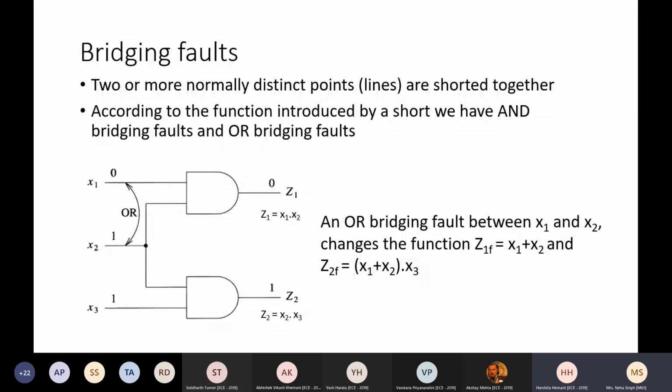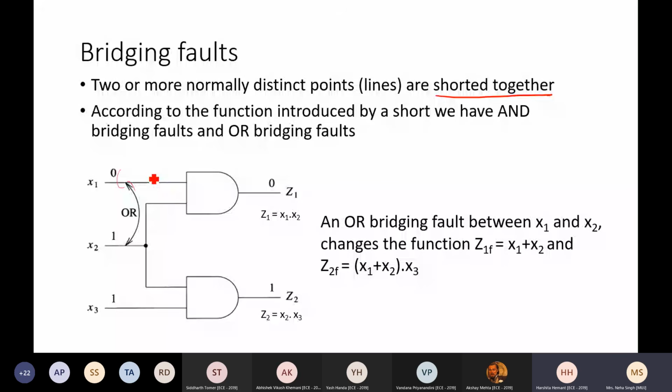So bridging fault exists on two or more wires or lines which are shorted together. Now, not only shorted, but according to the function that is introduced by this short, we can have two different types of bridging fault.